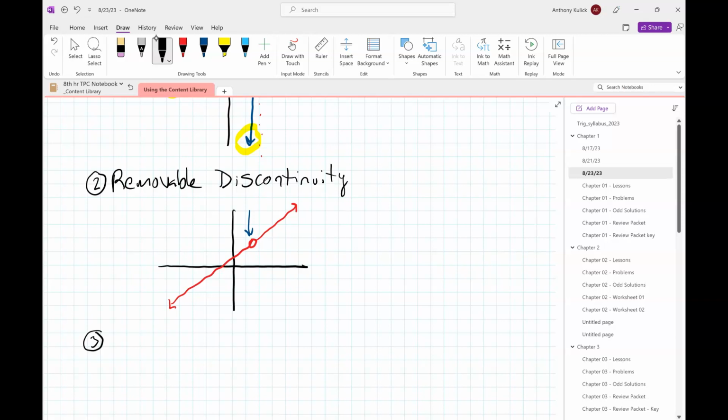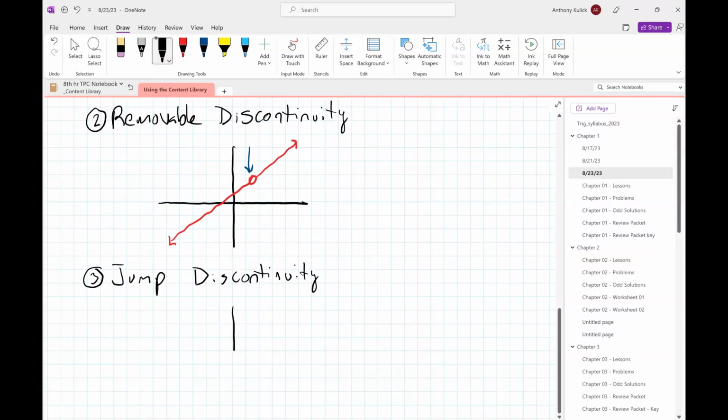Not a big deal. And the last type is a jump discontinuity. So an example of what that might look like. Maybe it's something like this.